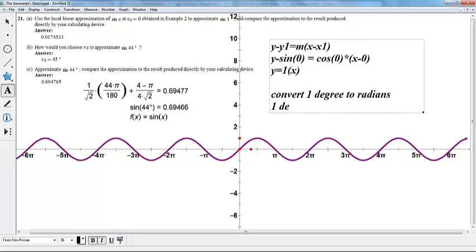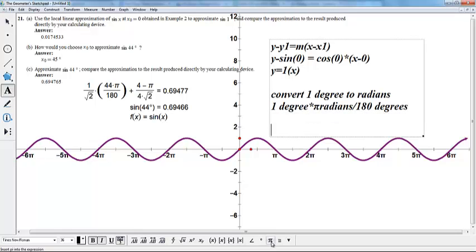So if we have 1 degree times pi radians, because pi radians is 180 degrees, the degrees would cancel, and you're left with 1 degree is equal to pi divided by 180. So what we have is y is equal to pi divided by 180.